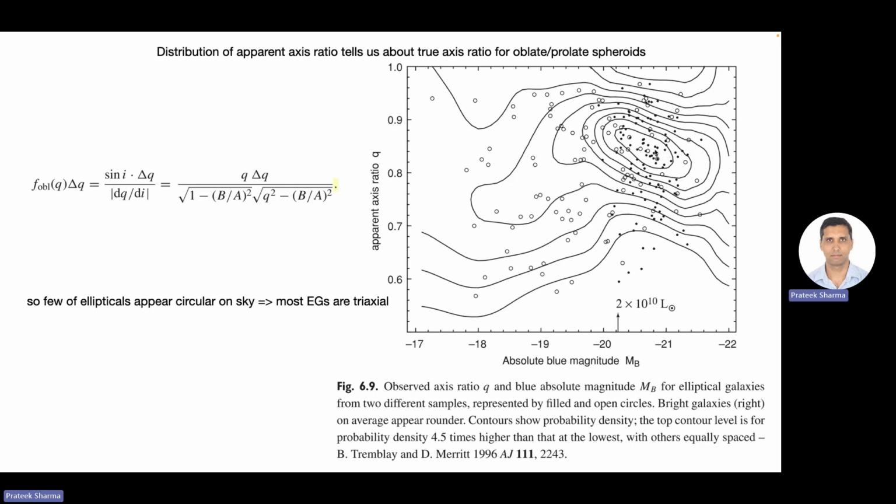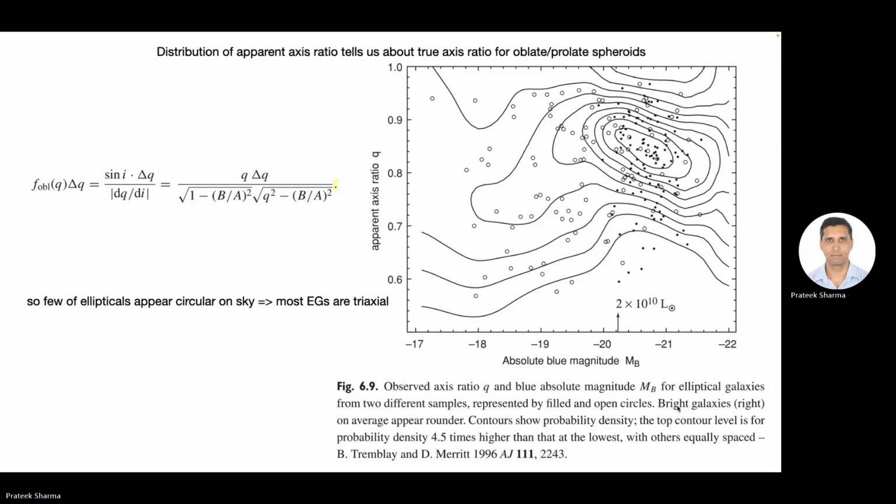The filled ones are in general brighter, on the right part of this graph, and they actually have a higher value of true b by a, whereas these more diffuse ones have a lower value of the true axis ratio.